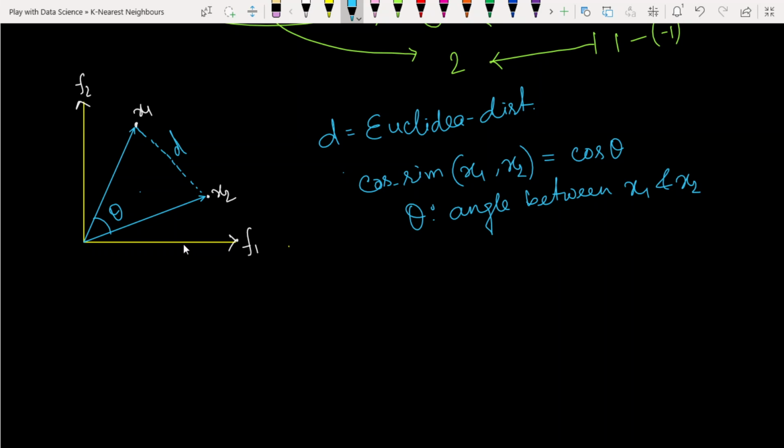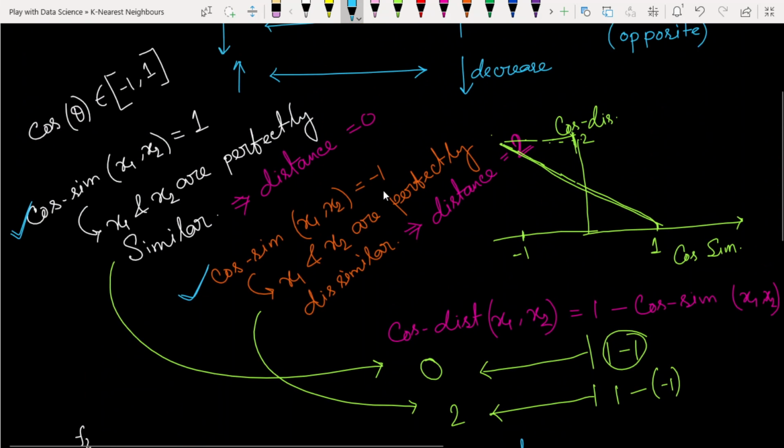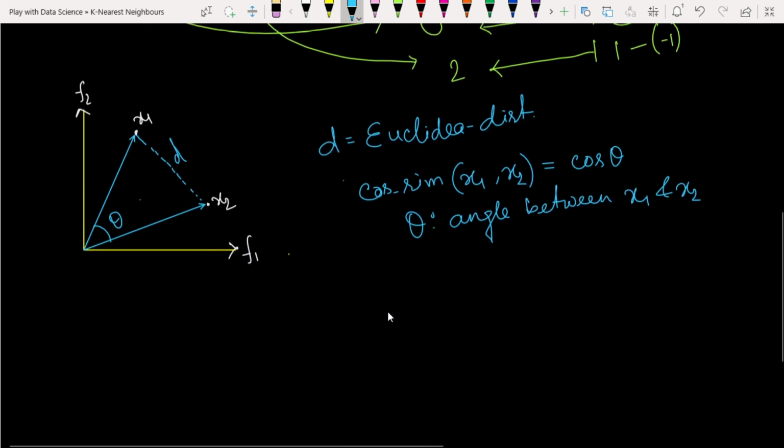Now let's extend the concept. In this case, if you find the cosine similarity, then finding the cosine distance is not a hard task. We have seen the formula, and by using this simple formula we can easily find the cosine distance.